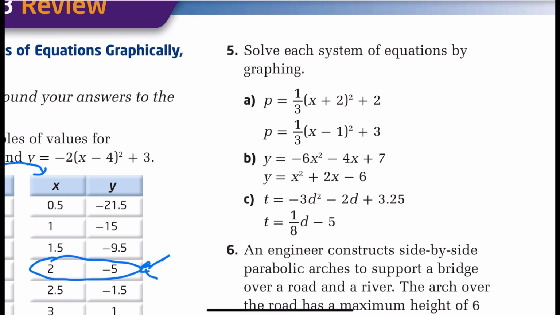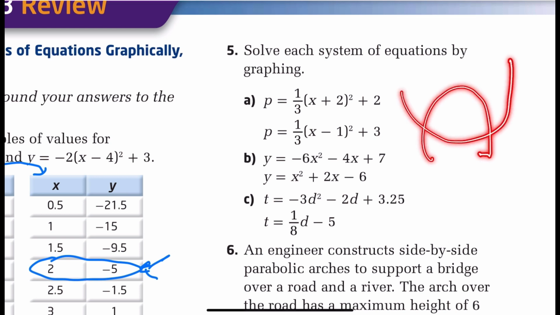For number B, you have a negative before 6, so it should be down, and the other one has a positive, so one of them is down like this and one of them is up, so they will be touching each other in two different points.